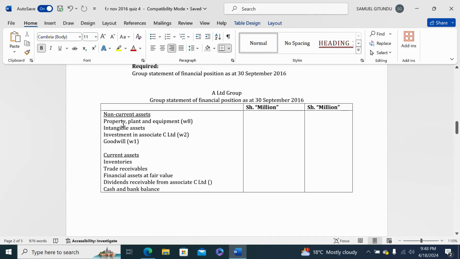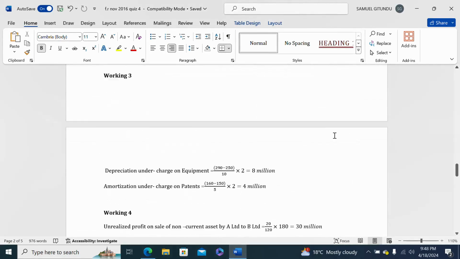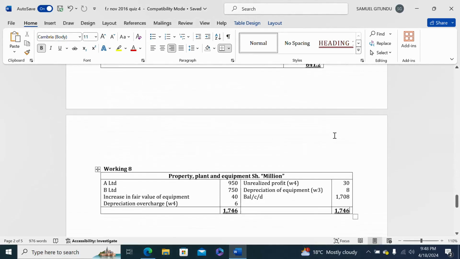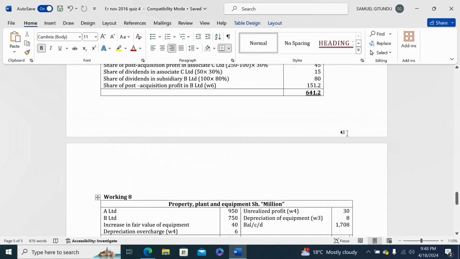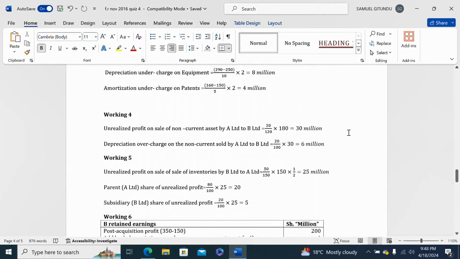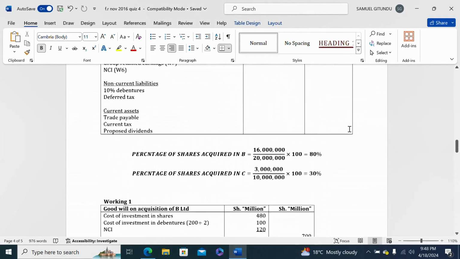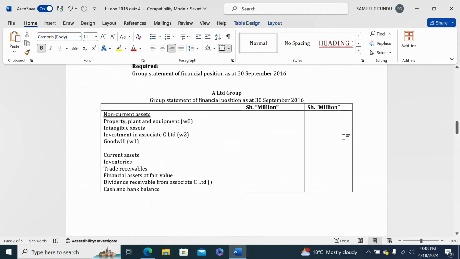We have property, plant and equipment in our working note number 8, which you have just finished. It is 1708.